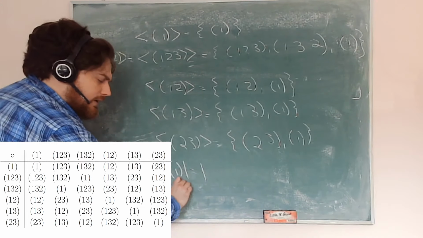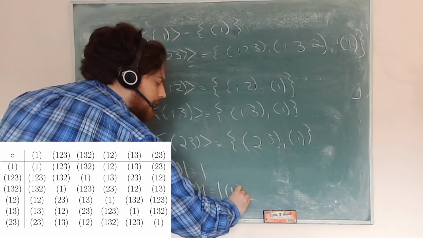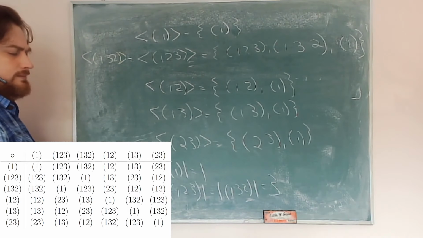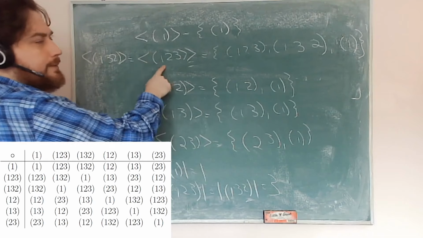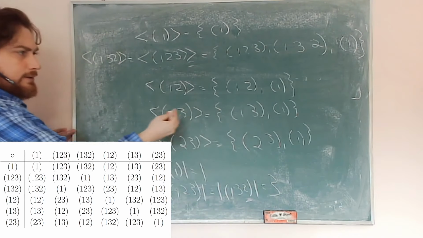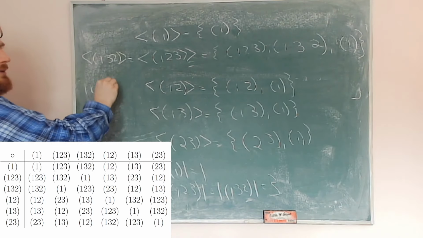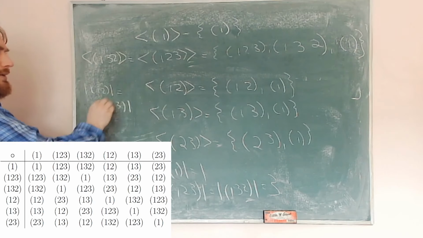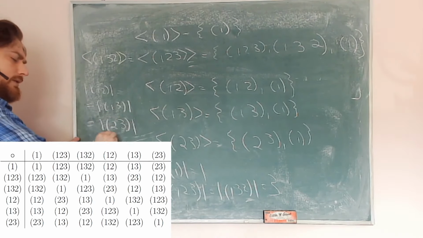The order of (1 2 3) is equal to the order of (1 3 2), which is 3, because the group generated by those two has order 3. And the order of (1 2) is equal to the order of (1 3) is equal to the order of (2 3), which is 2.